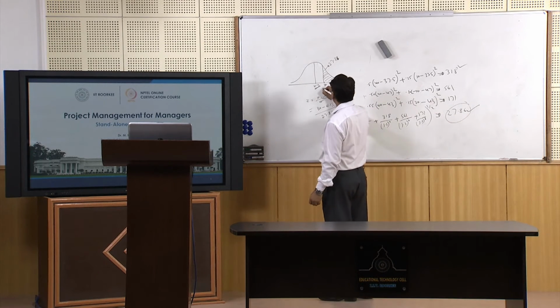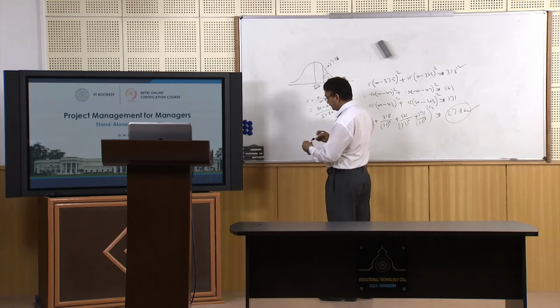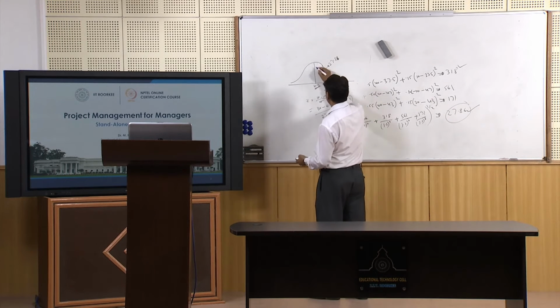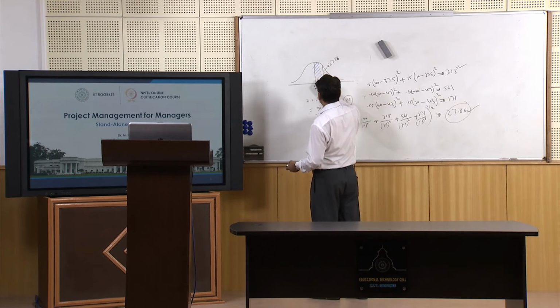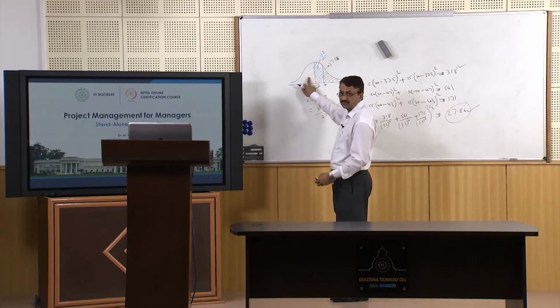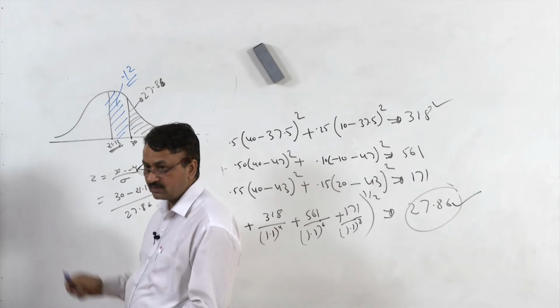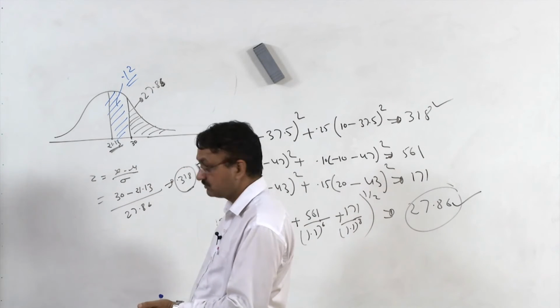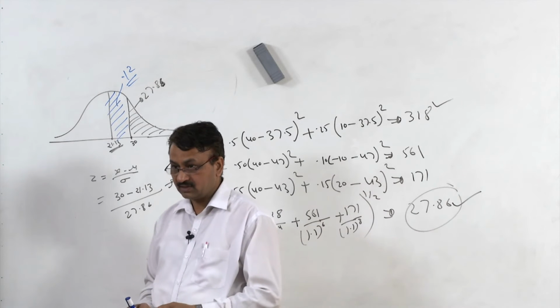So area under this, let me use a different colored pen. This is 0.12, right, and this is 50%, right. So what's the probability that it would earn more than 30 lakh?